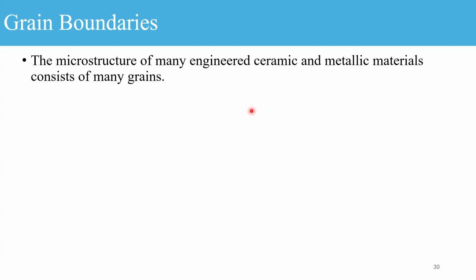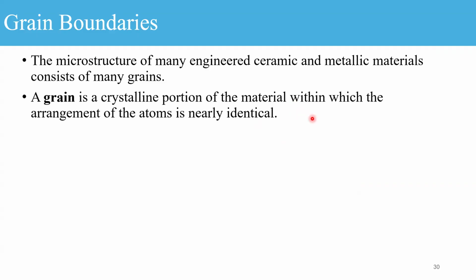If you look into the microstructure of many engineered ceramics and metallic materials, they consist of many grains, which brings us to the definition of a grain. A grain is a crystalline portion of the material within which the arrangement of the atoms is nearly identical.